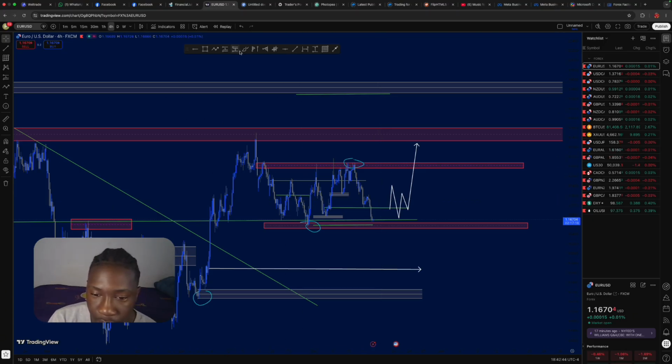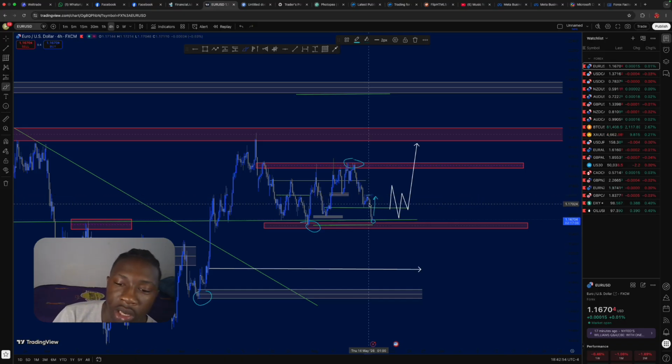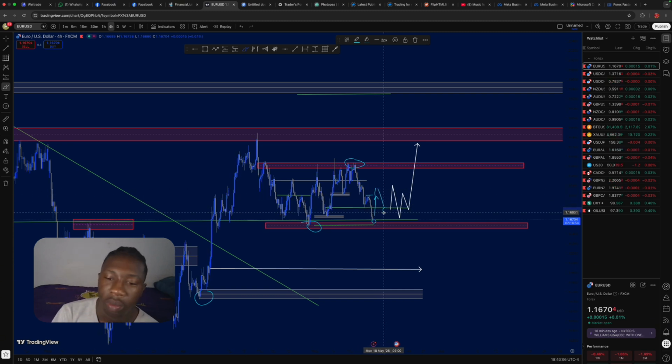first push. So the market will go up like this, and then it will break this level, and then we will say it has changed the structure. When it breaks this level, we will see the break of structure, and we will take our entry from the next pullback.